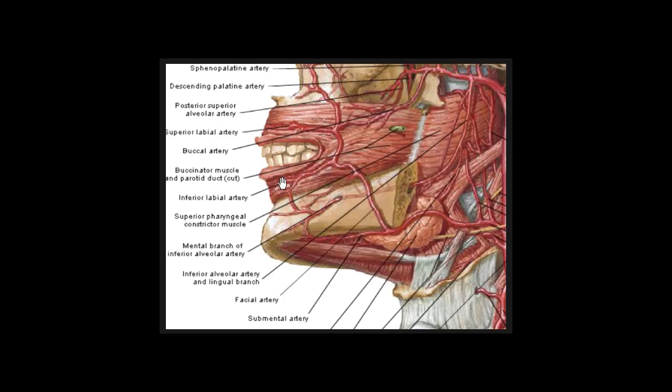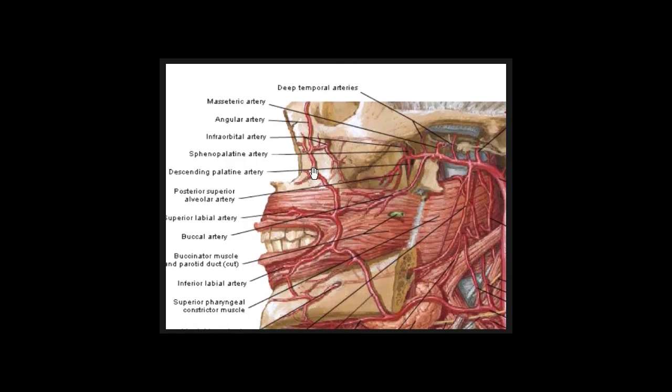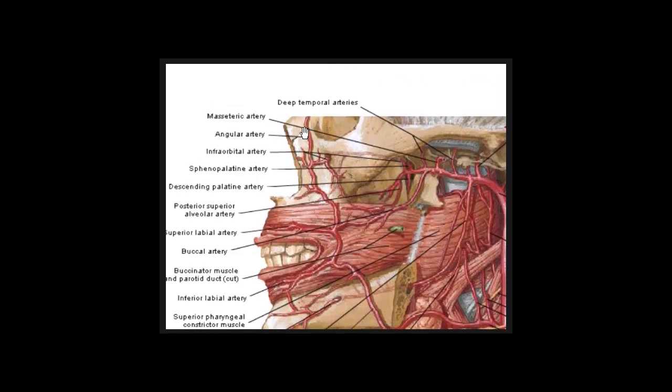This is inferior labial, this is superior labial. At the end, this is angular artery. This is sphenopalatine artery, the end part of the maxillary artery. It was the fast review of Arteria maxillaris.